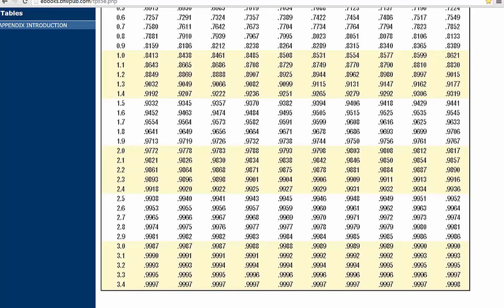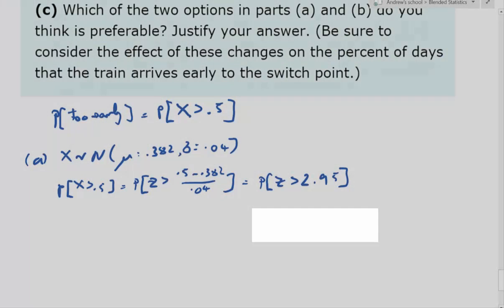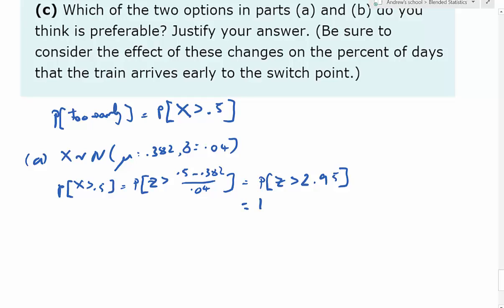And 2.95 gives us 0.9984. So 0.9984 is the main body area, so we want 1 minus 0.9984, which is 0.0016. So the probability that the train arrives too early is 0.0016.